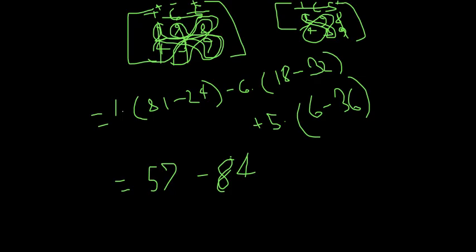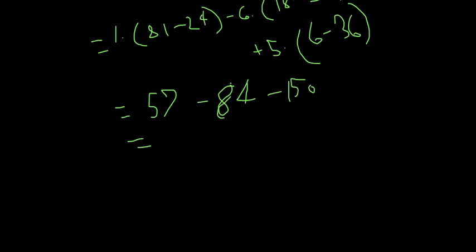And then 6 minus 36 multiplied by 5 is minus 150. So the final result will be 57 minus 84 plus 150 is going to be 177, so 177.